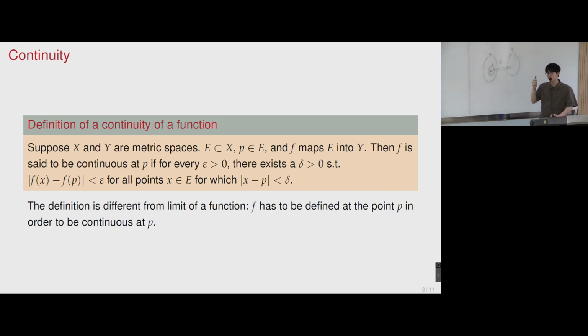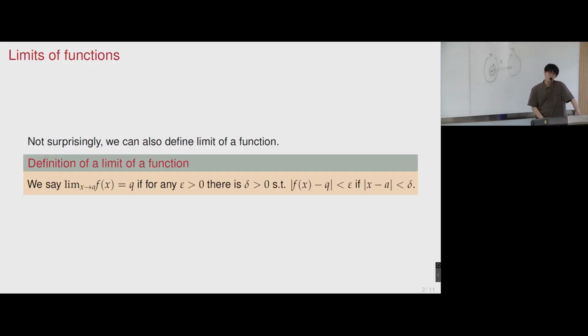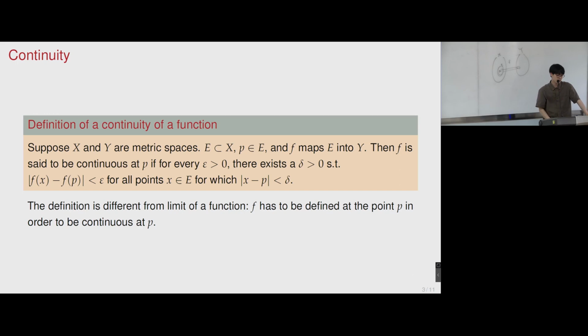It's exactly similar, except the difference you can see is that when we define the limit, we define q, right? We didn't say that q has to be a point in the function's range. But in continuity, the difference is that this point is actually defined by the function. So we write f(p) instead of q here.